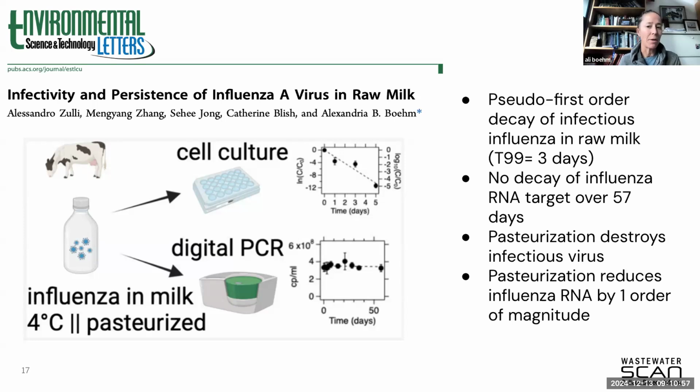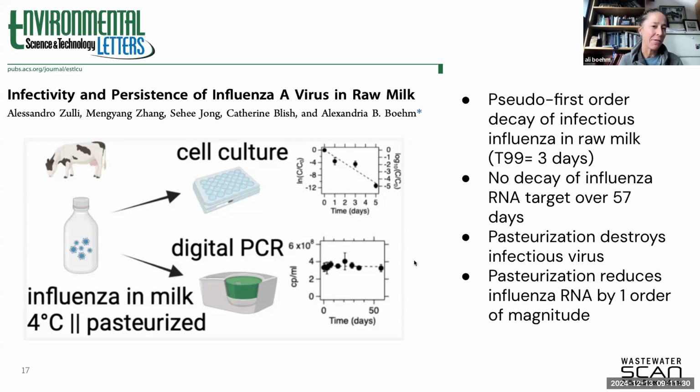We seeded it into raw milk. We calculated a first order decay constant for the infectious influenza, and the T99, the time for 99% decay of the influenza we seeded, was 3 days, meaning the infectious influenza decays over time, first order. But we did not see any decay of the influenza RNA target over the 57 days that we stored the raw milk. Now, it smelled really bad after 57 days, but the nucleic acids were still there.